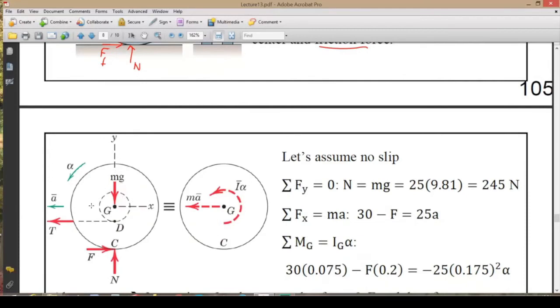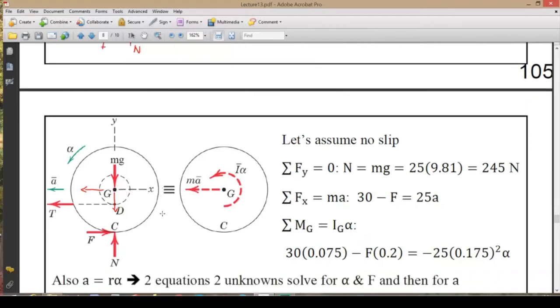Well, I would have selected another direction. X would be in this direction, and then y would be in the downward direction. It would be a better choice for me. Actually, it doesn't really matter which one you choose, as long as you're consistent in your calculation. At the end of the day, you'll get the same type of solution.